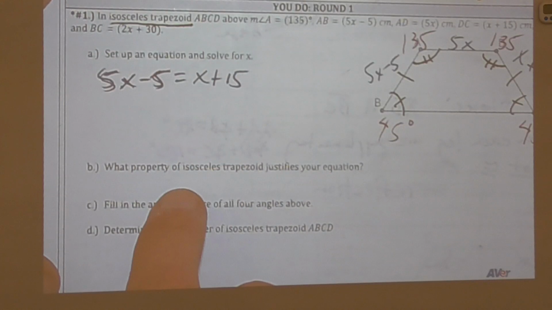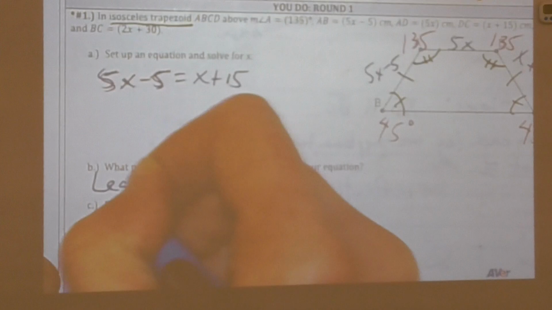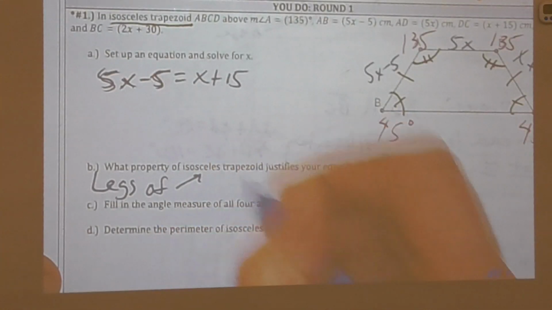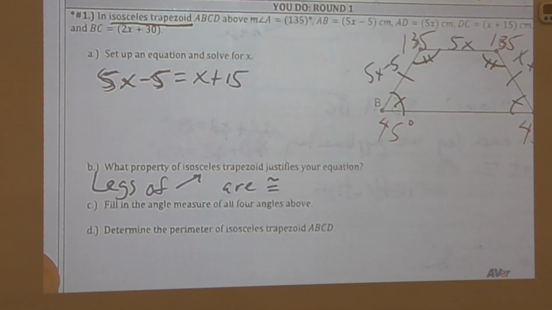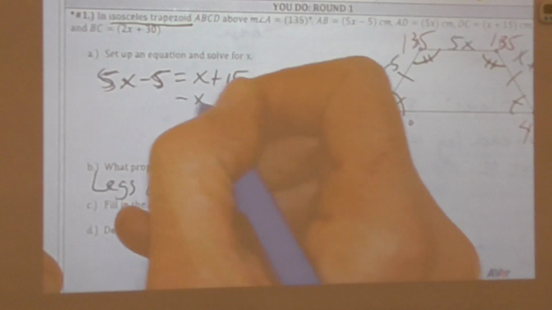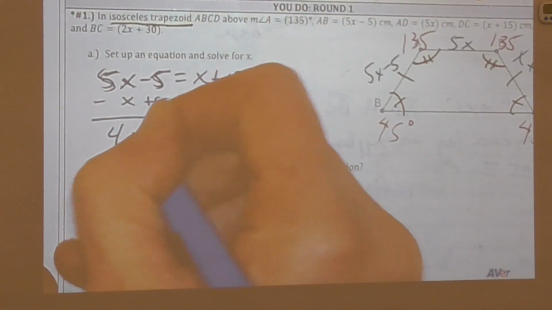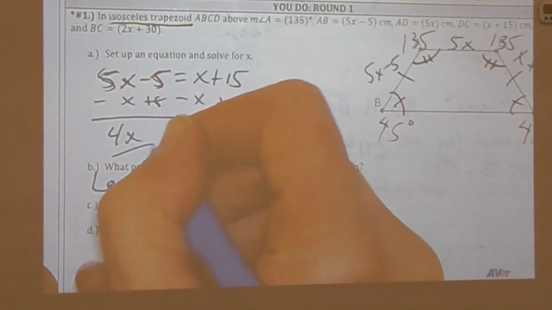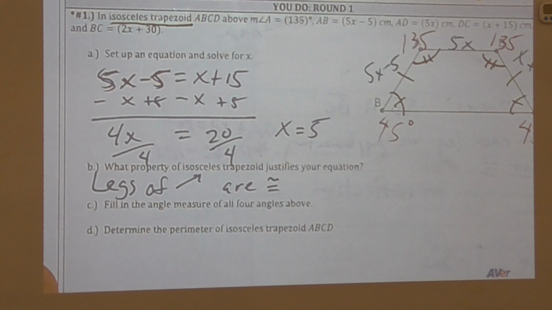And the reason I can write that equation is because the legs of an isosceles trapezoid are congruent. Now solve for x. So we will subtract x from both sides, add 5 to both sides, and there we get 4x equals 20. Again, divide by 4, get x equals 5.